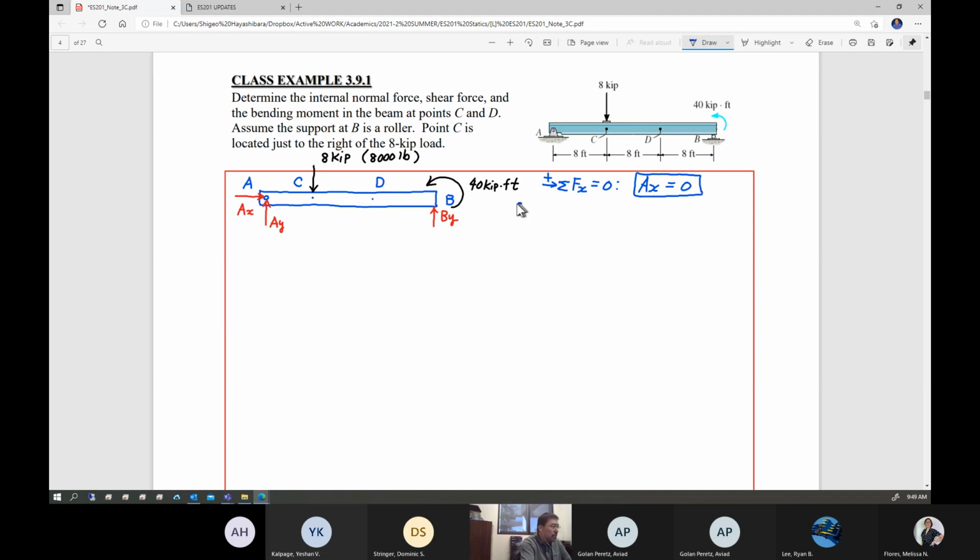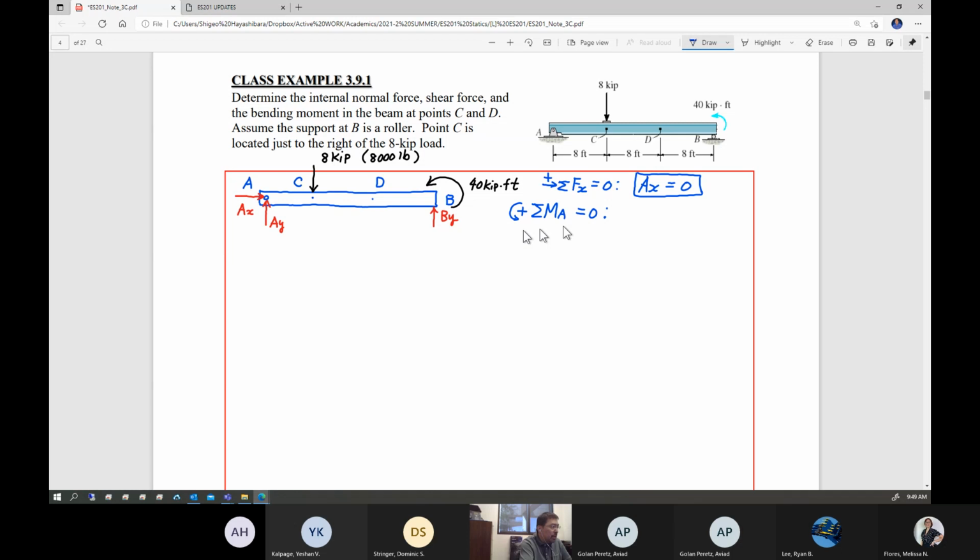And next, I'm going to apply moment. Let's say this is the positive moment direction. Summation of the moment taken at location A set equal to 0, because this eliminates AX and AY as moment contributions.